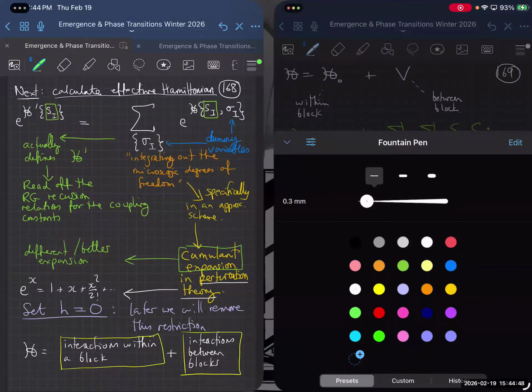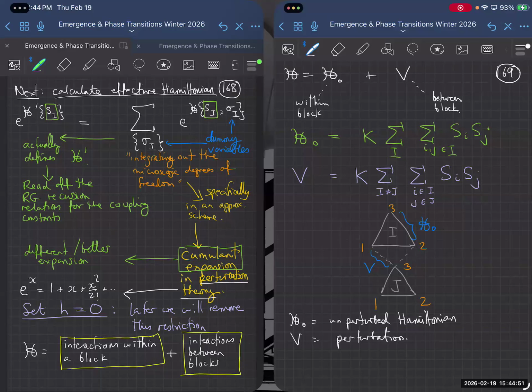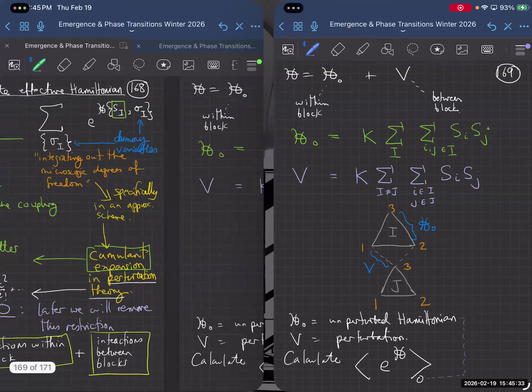So what we want to compute then, if you look on the left page, you can see that what we're doing is a sum over the microscopic degrees of freedom of e to the H. So the thing that we're going to want to calculate is something like e to the H evaluated with respect to our unperturbed Hamiltonian, with respect to that H. So that's what I'm going to mean by those angle brackets. So let's look at this a little bit more closely.